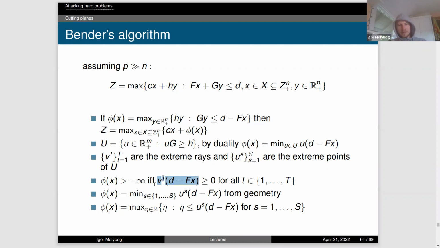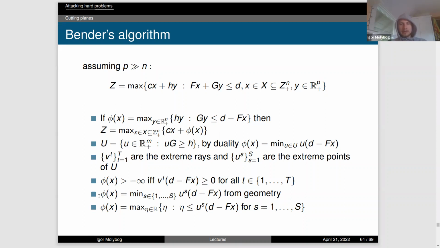So basically this feasibility requirement is equivalent to the requirement that for all t, for all of the extreme rays, the following inequality holds. From the geometry, we know that if there is an optimal solution to our linear programming problem, then there must be a solution that is an extreme point.